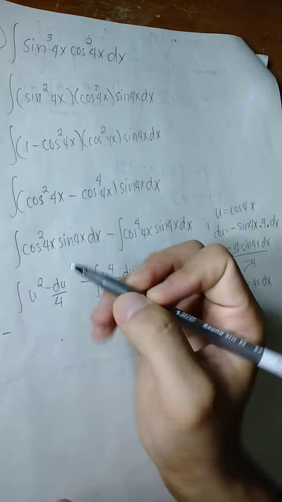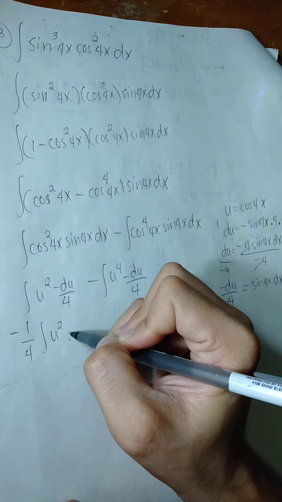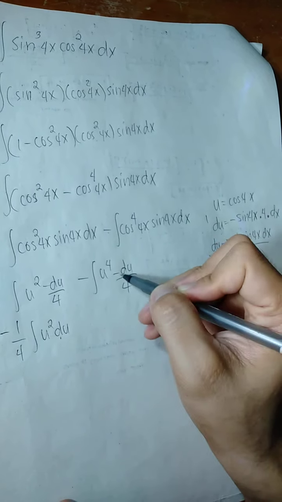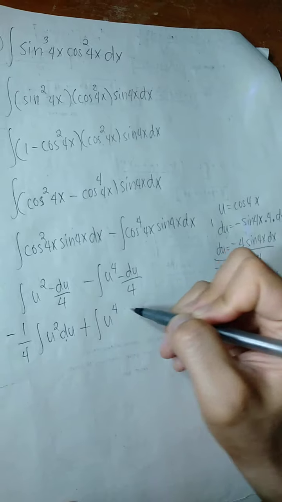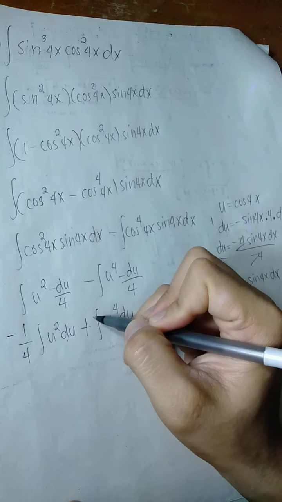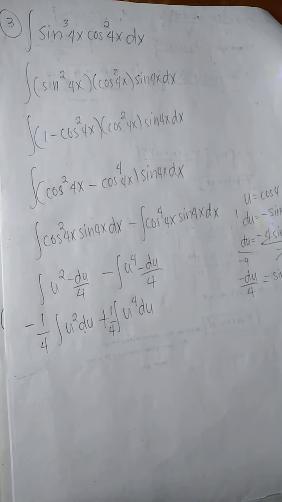So it becomes negative 1/4 integral of u squared du, and negative times negative is positive, so plus 1/4 integral of u to the fourth du.